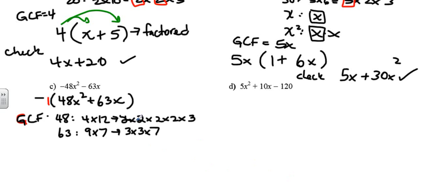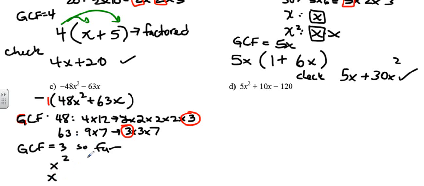Okay, what do I got here? I only have a common 3. So the GCF of the numbers so far is 3. But we need to do the letters. So what letters do we have? We have x squared and we have x.